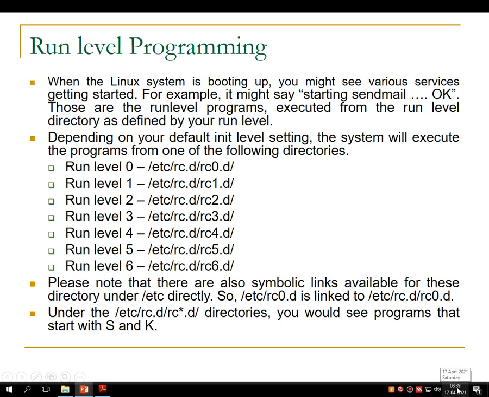That means I can see the date and time, there is an option of speaker, there is an option of network, there is an option of my default antivirus system which I have installed, and so on. All these things are called run level programs, which execute during the normal booting process handled by the system.